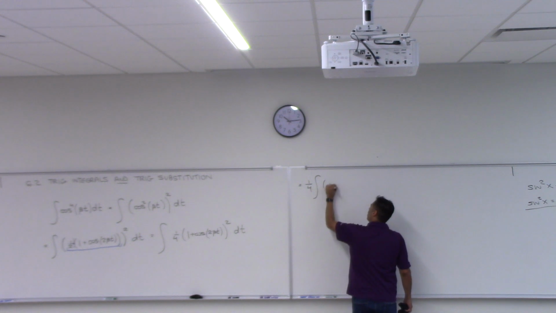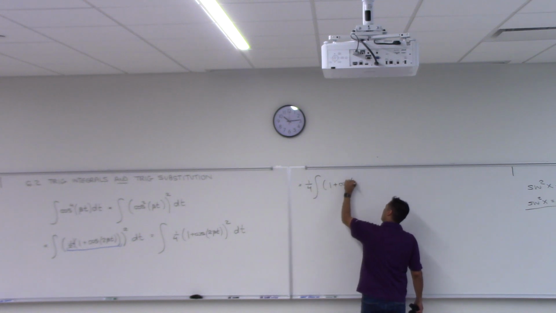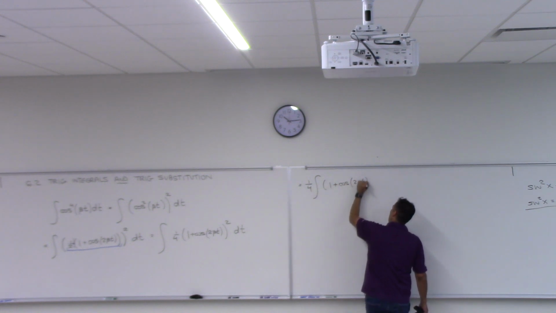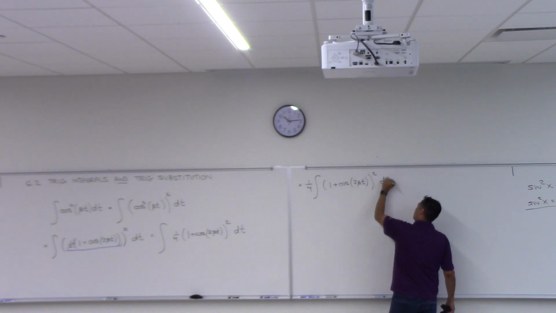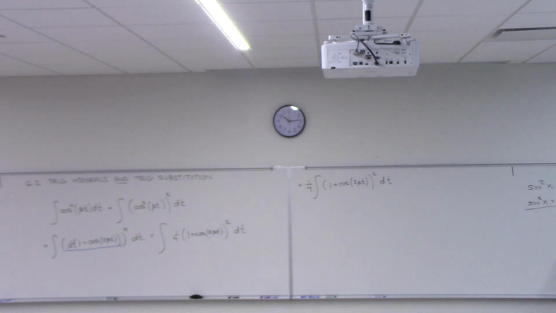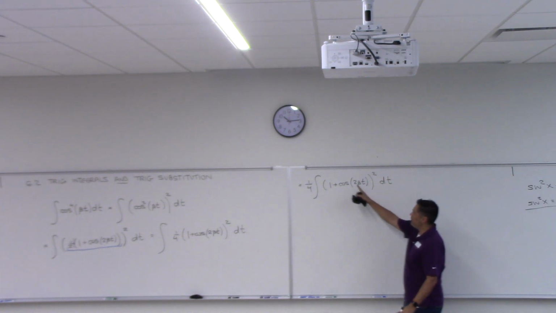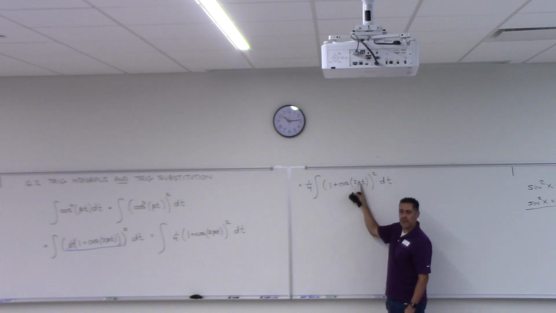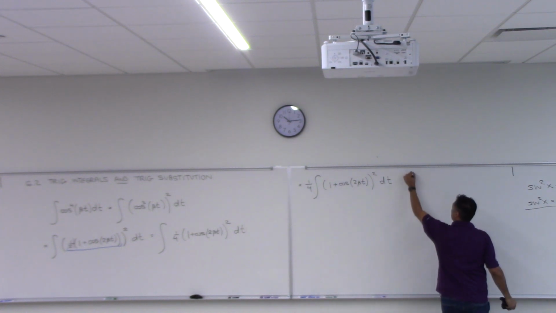And now I have 1 plus cosine of 2 beta t, that whole thing squared dt. Any ideas of what to do now? Square it. Let's do this times itself, and I'll do that right here as scratch work.